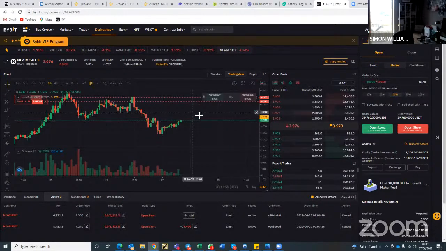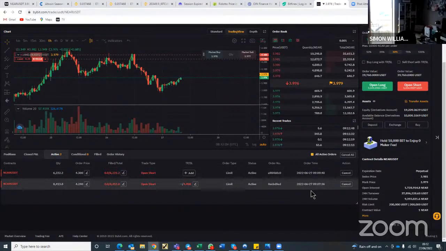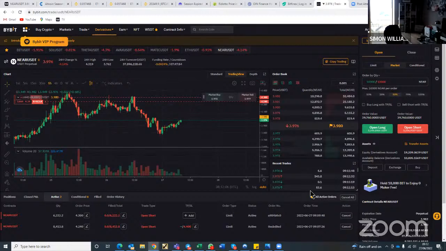I can drag my stop losses around. I can run a trailing stop loss, which I've never done, and I don't know how to do it, but I imagine you can't add the trailing stop loss until your trade is activated, but you can set a trailing stop loss to take your profit when price retraces X number of dollars.